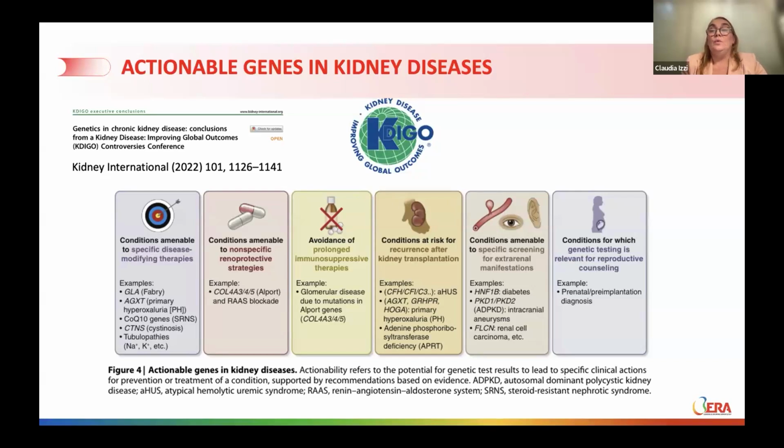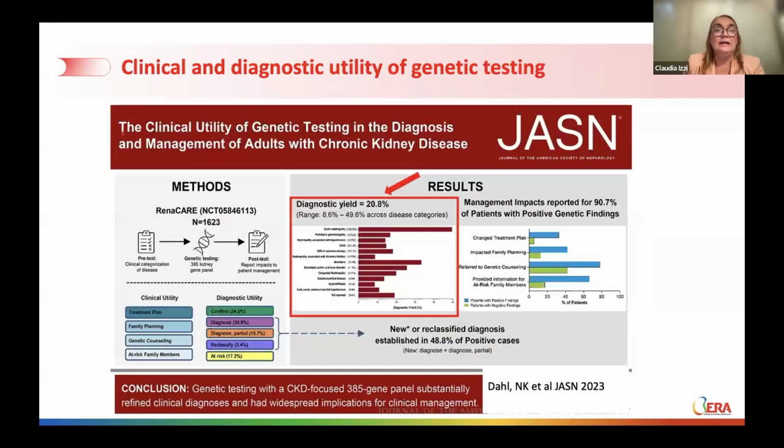And we can look for extrarenal manifestations if we have diseases where extrarenal manifestations are possible, and also for prenatal and preimplantation diagnosis, where we need to have the type of genetic variant.